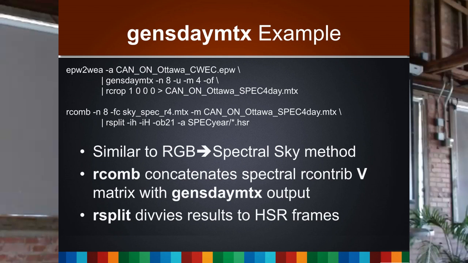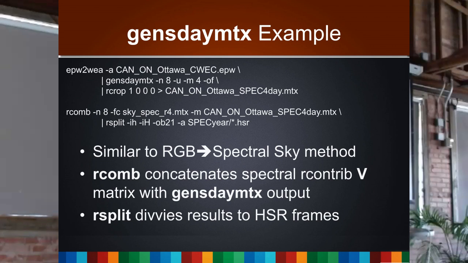So I have 4,000 time step HSR files. This is similar to using the RGB spectral sky, but instead of a continuous image for the sky, we have this patch-based representation. And in this case, we're using the Reinhart 4 patches again. RCOM uses that V matrix that we computed before.